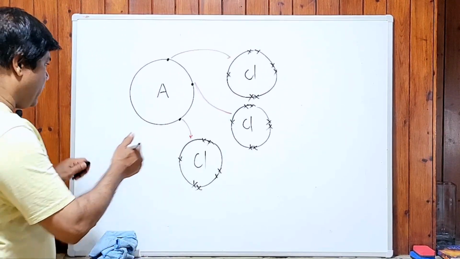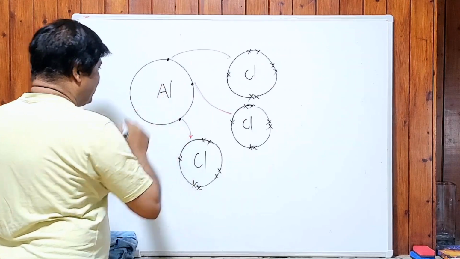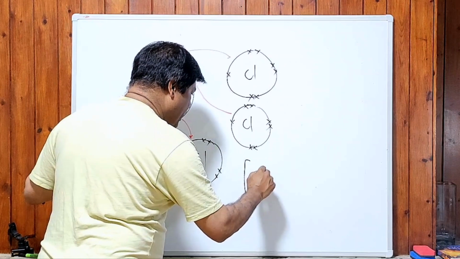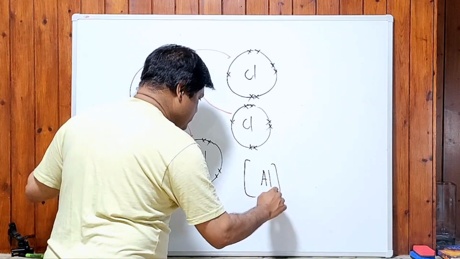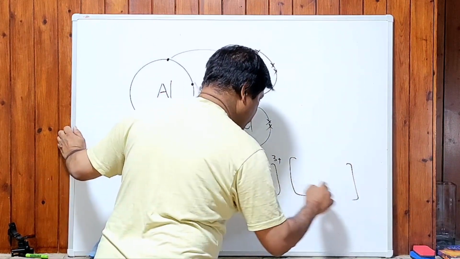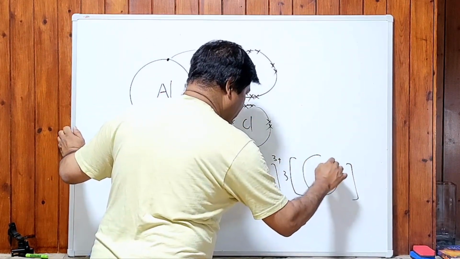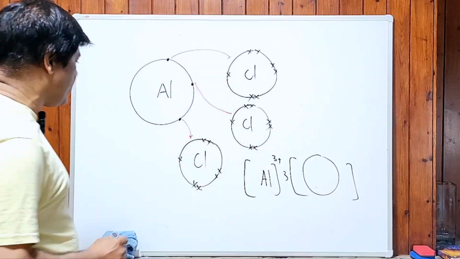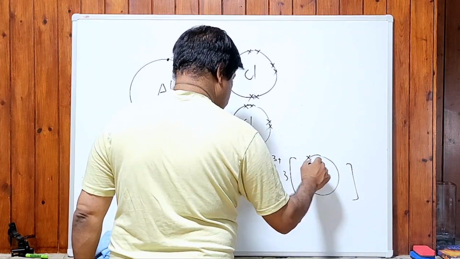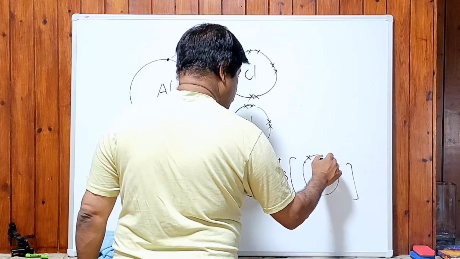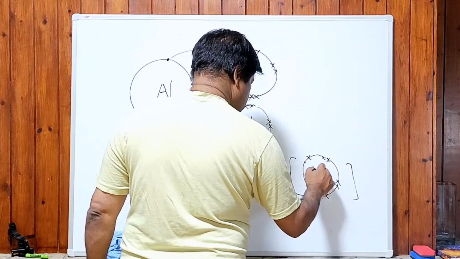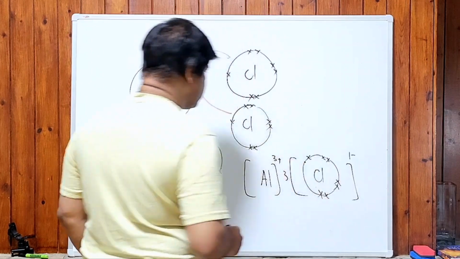Now look, aluminum becomes Al3 plus, and we have 3 chlorine, and those 3 chlorine each gain one electron from aluminum, so each has 8 electrons, and each chlorine is 1 minus.